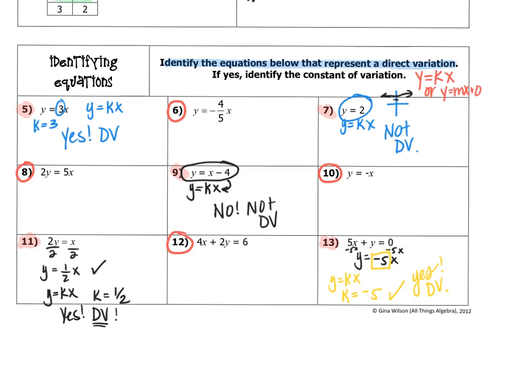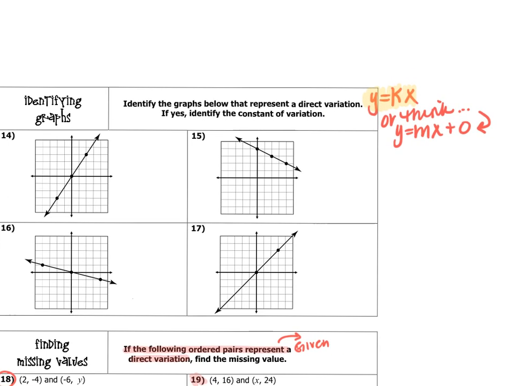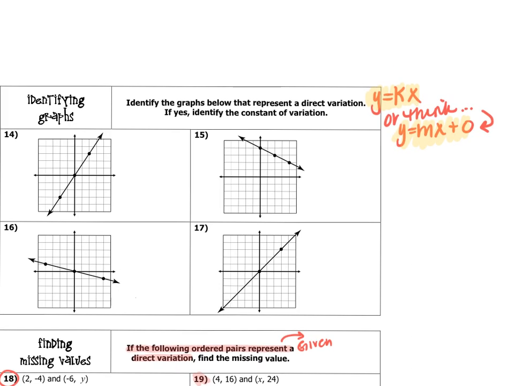Now you will try 6, 8, 10, and 12 and answer the questions along the way. To identify the graphs that represent a direct variation, you want to remember that a direct variation is in the form of y = kx, which is the same as y = mx + 0. So you're looking for lines that go through (0, 0).